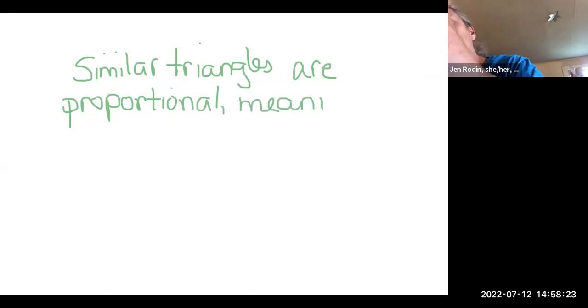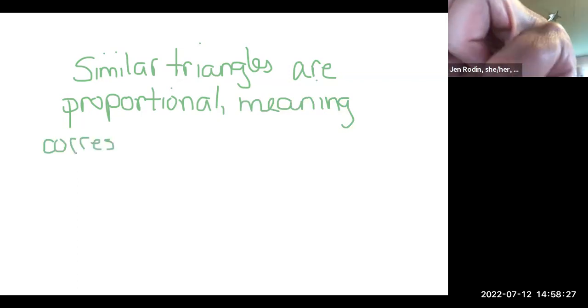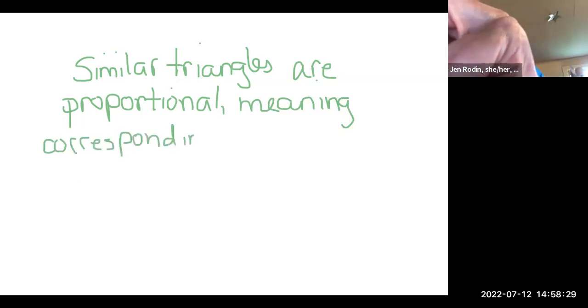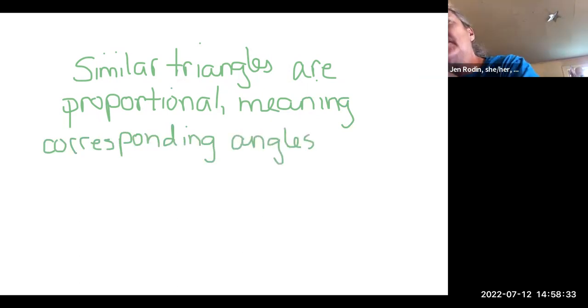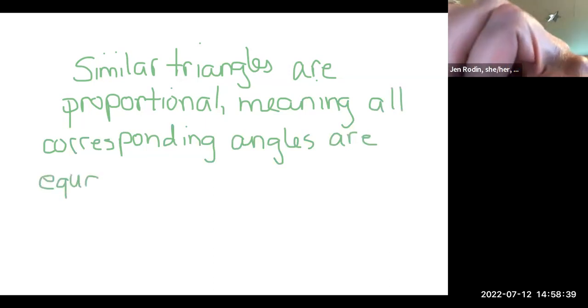Meaning corresponding angles, all corresponding angles are exactly equal, or we use the word congruent.